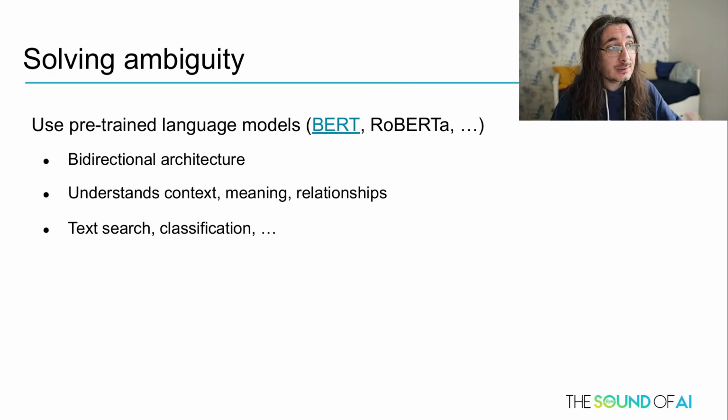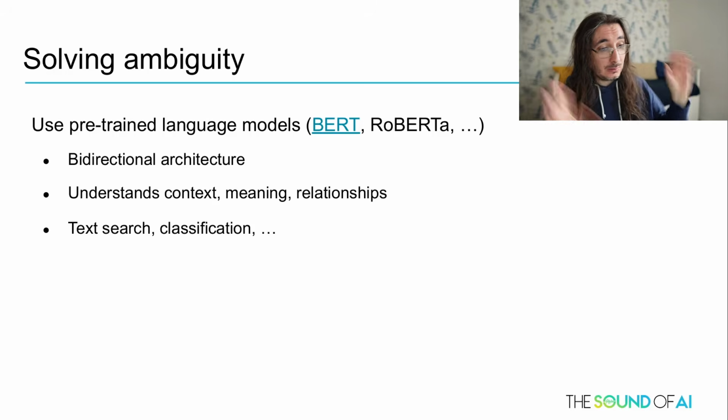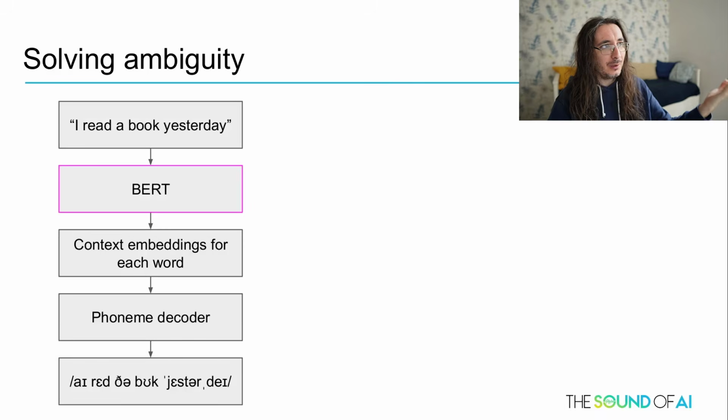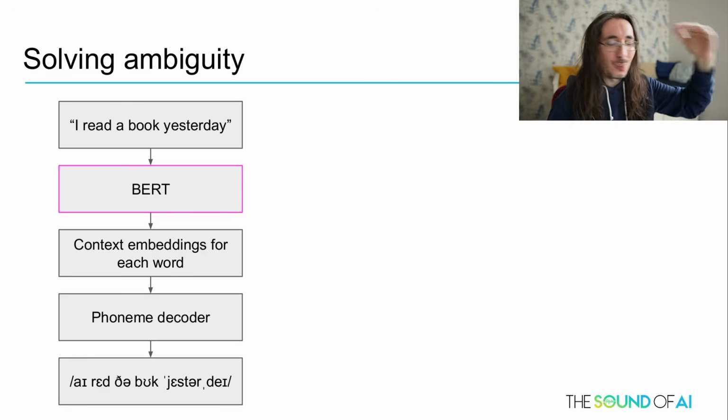It understands context, meaning, and relationships among words. So this is a great model for use cases like text search or classification, for example topic classification, sentiment analysis. But how do we use it? Well, it's quite simple. We use BERT as the encoder in our workflow.